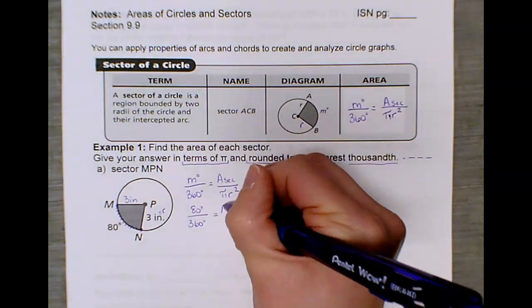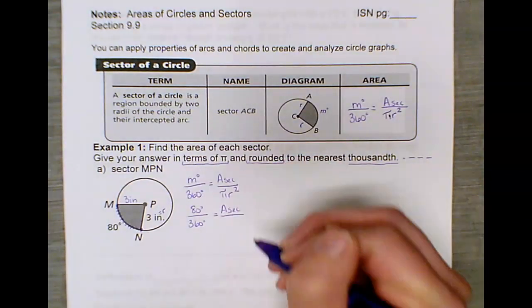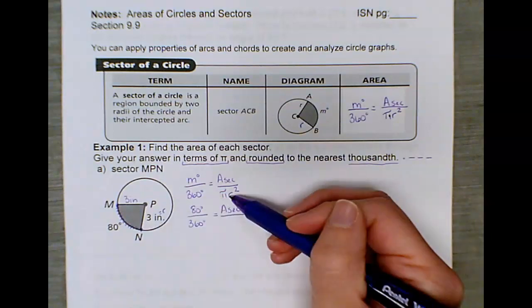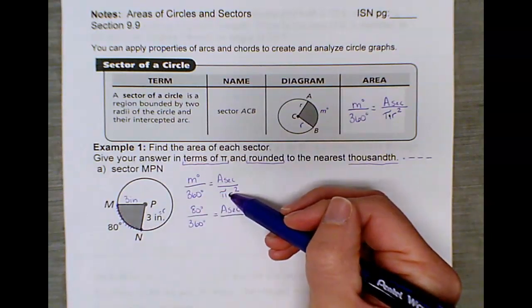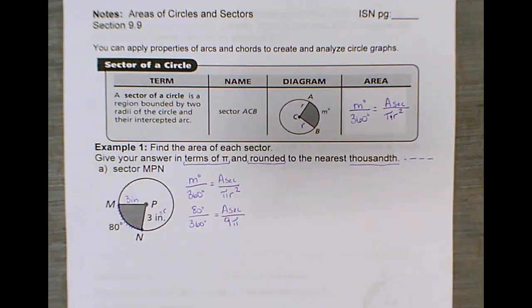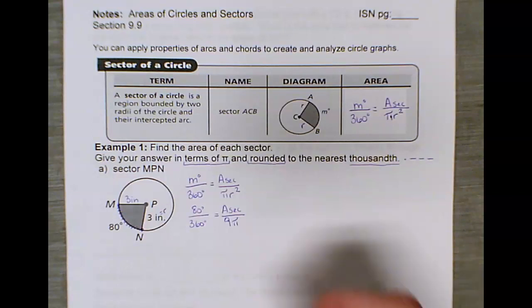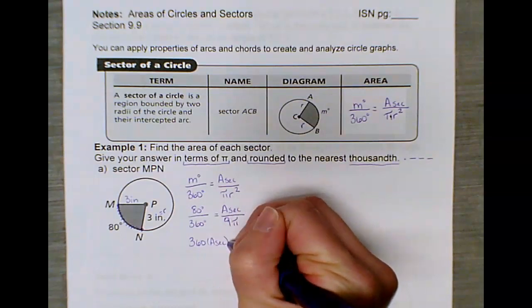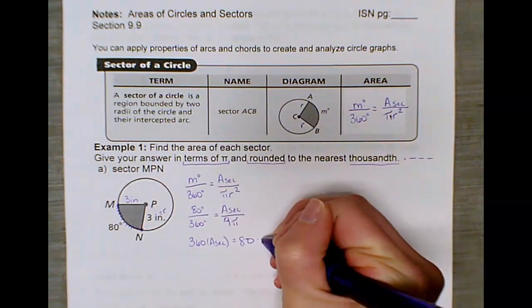The area of the sector is unknown. That's what I'm trying to calculate. But my radius is 3 inches. So if I take my radius of 3 and substitute it, 3 squared is 9. So I have 9 pi. When I find the area of the sector, I'm going to cross multiply. So 360 times the area of the sector equals 80 times 9 pi.